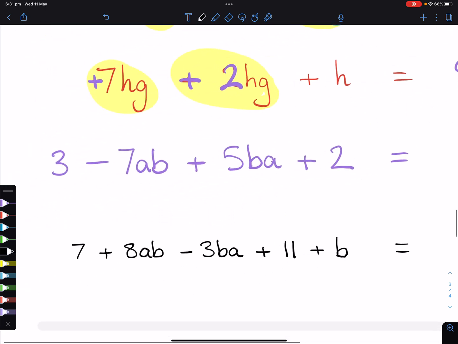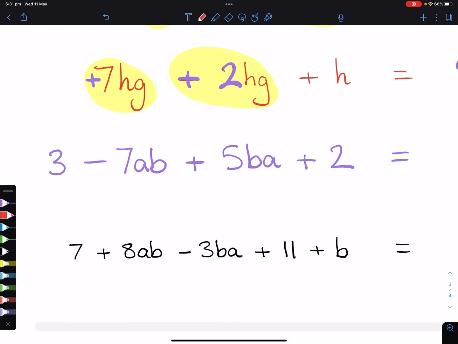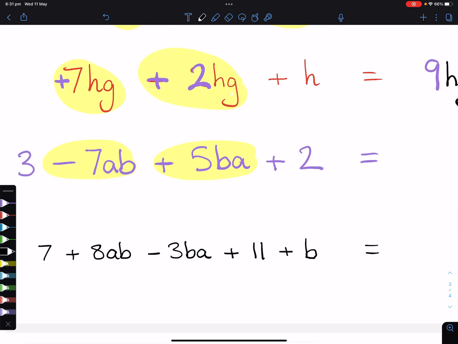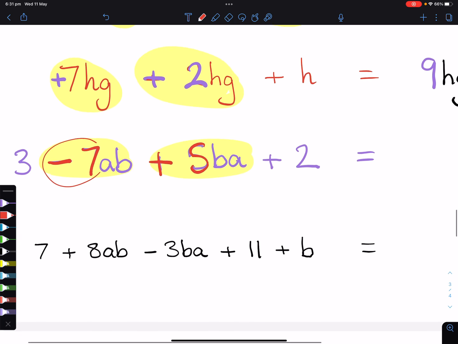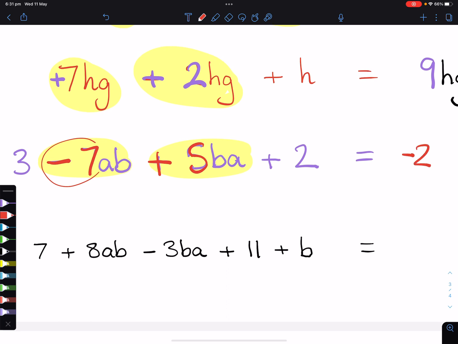Now we're going to go to this purple scenario. I'll switch back to red now. Do we have any terms that match? Yes, this term here matches. Now we just sum together the coefficients, which is this bit and this bit. So we've got -7 plus 5 gives me what answer? It gives me -2.